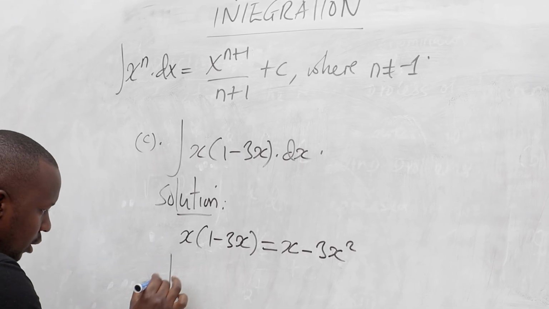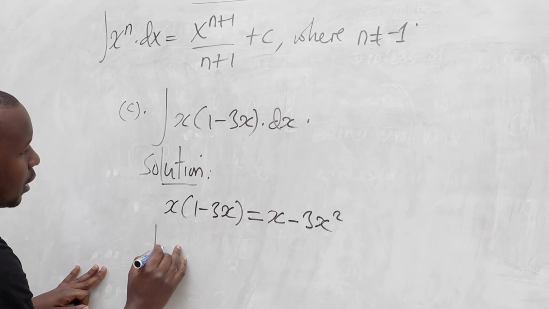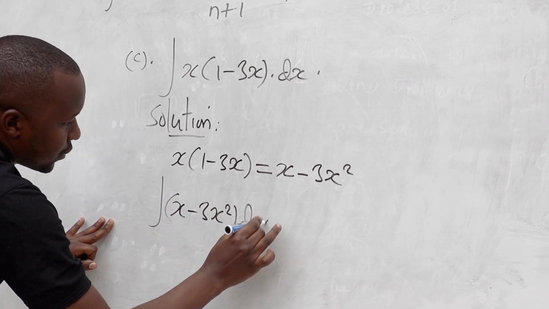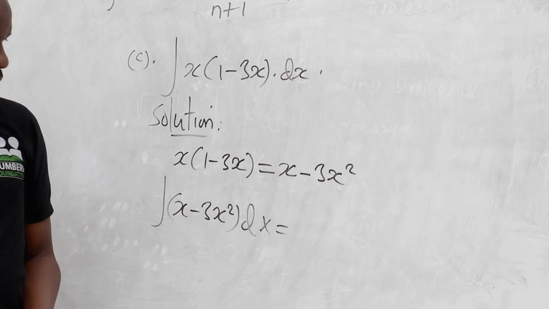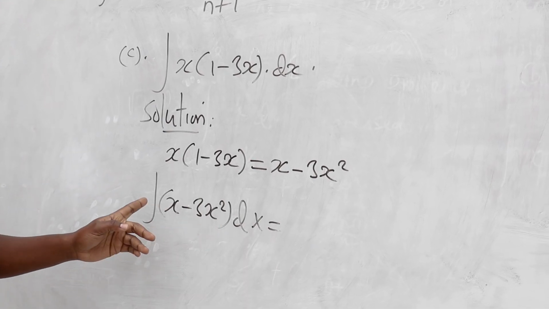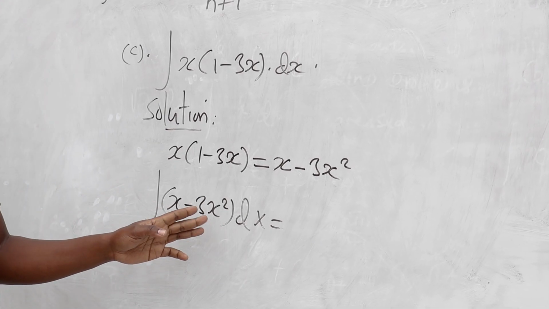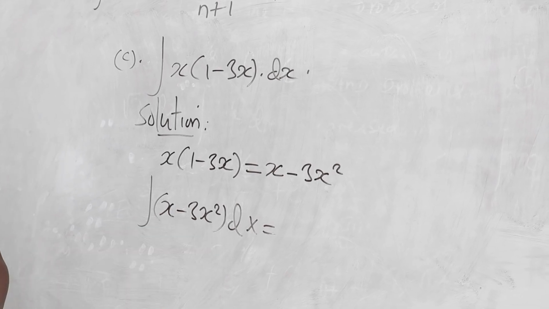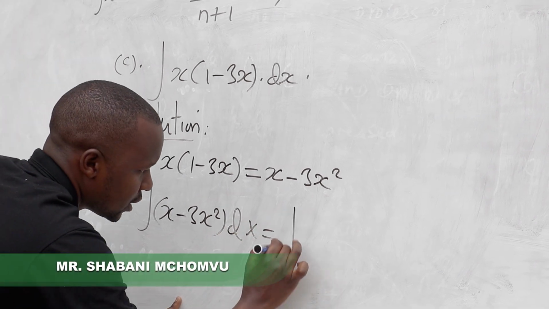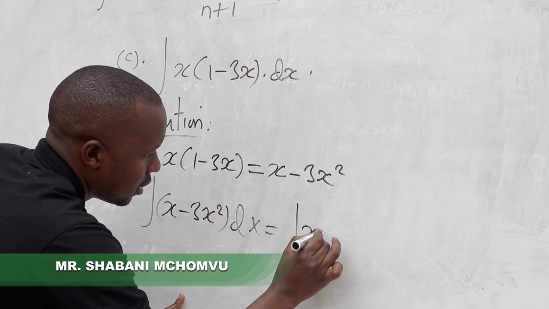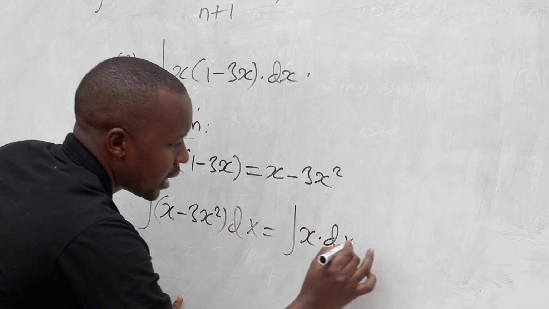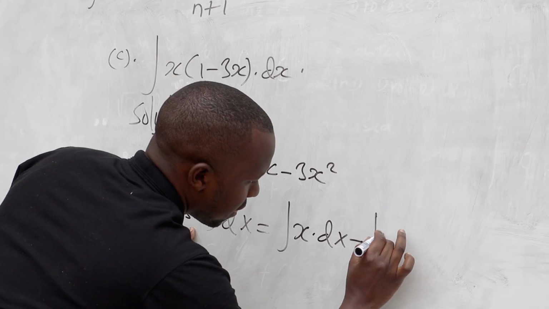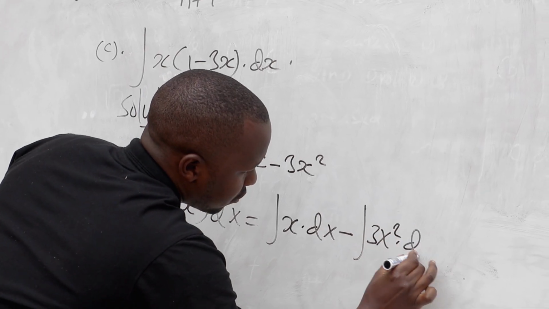From there, when we introduce the integral, that is the integral of x minus 3x squared dx equals, at this point you can integrate every power separately, since they are separated by the minus operator. So it's just the integration of x with respect to x, then minus the integration of 3x squared with respect to x.